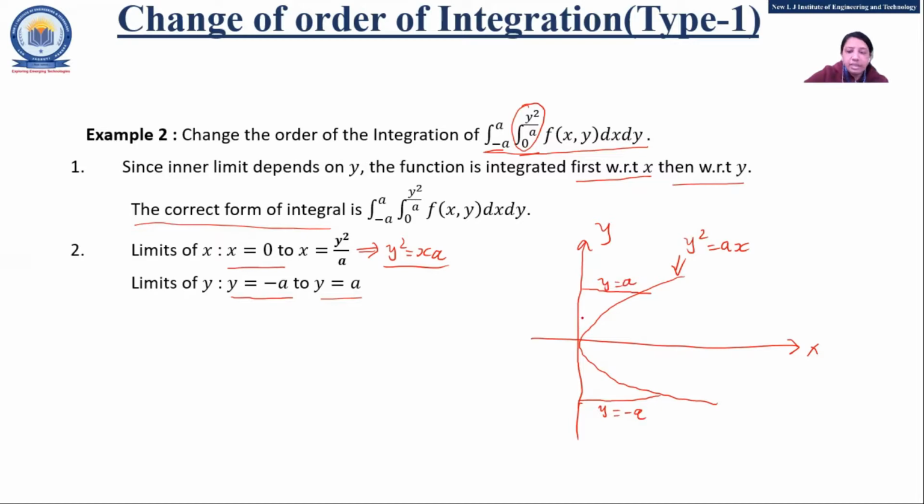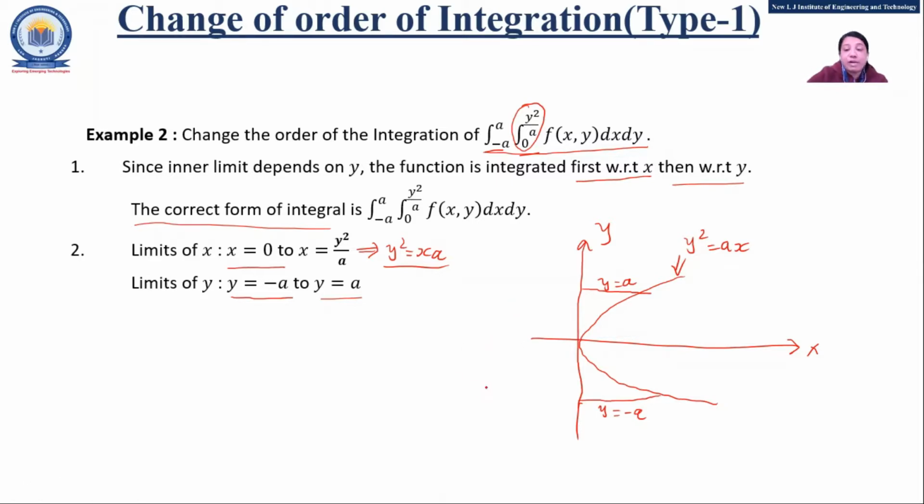Fine. Okay. The next step is to first draw the diagram. So this is my region. Two regions are there. Now you need to decide the points of intersection.